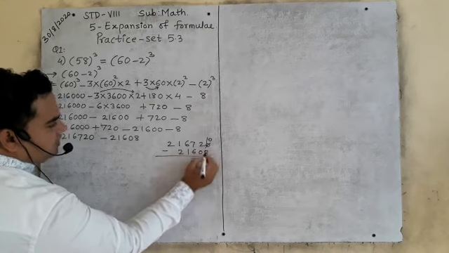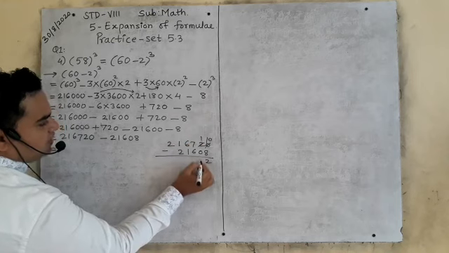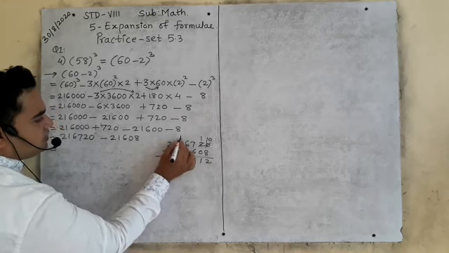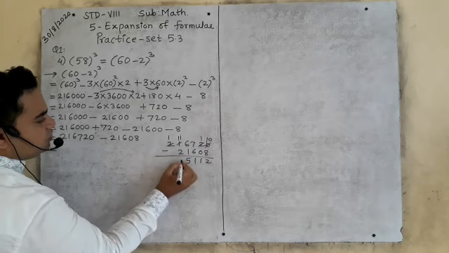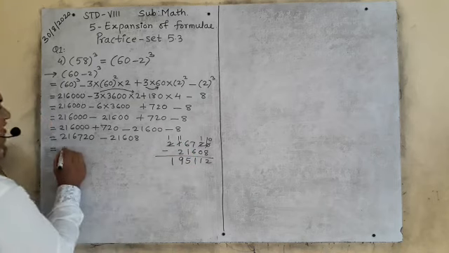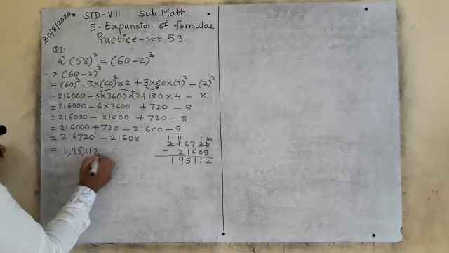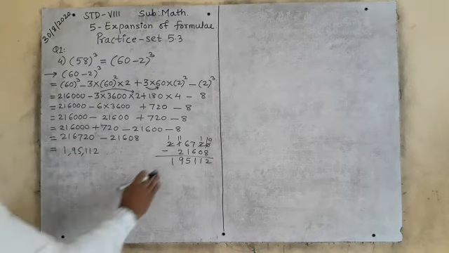See, it is 10 minus 8 is 2, 1 minus 0 is 1, 7 minus 1 is 6, 1 5. Okay, this is 11, this is 1. So 11 minus 2 is 9 and this is 1. So the answer is 195112. Is it clear?